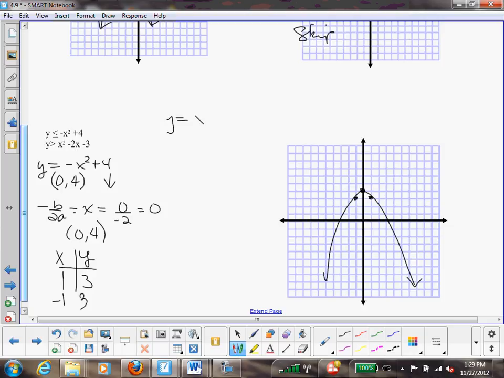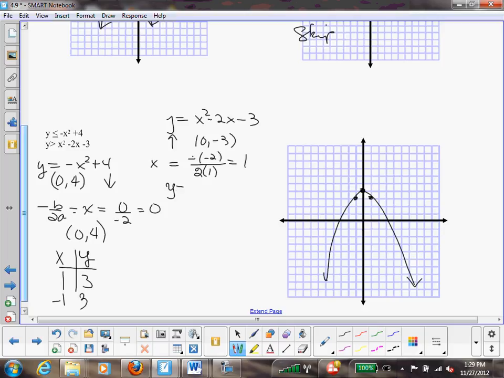Y equals x² minus 2x minus 3. Standard form, points up, 0, -3 is my y-intercept, and negative b over 2a gives me an x value of 1, yes?